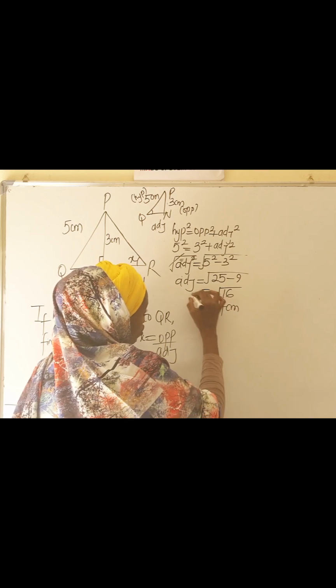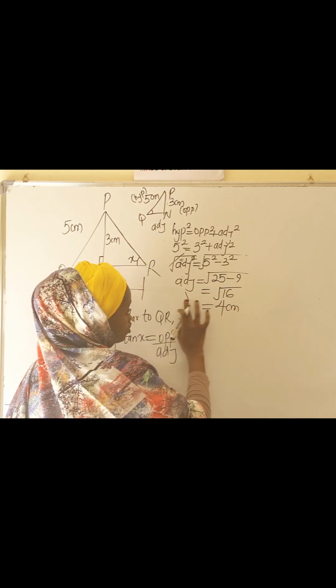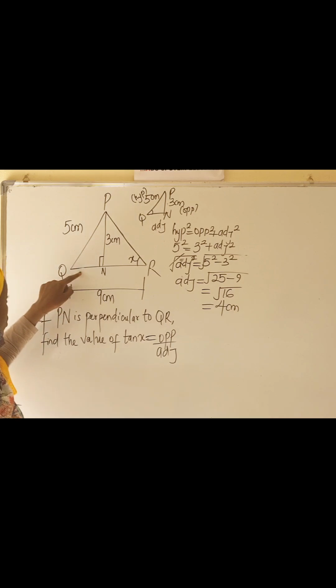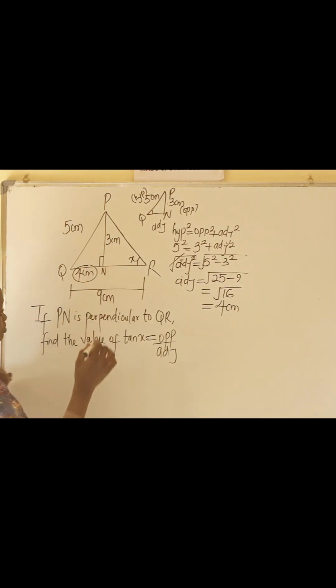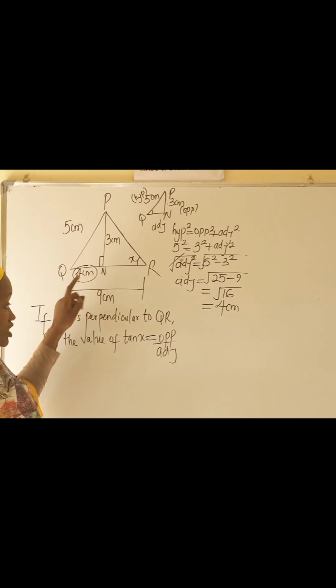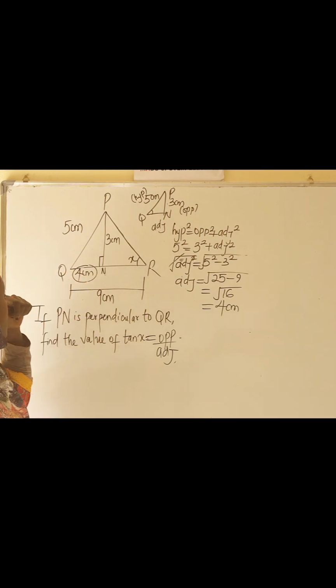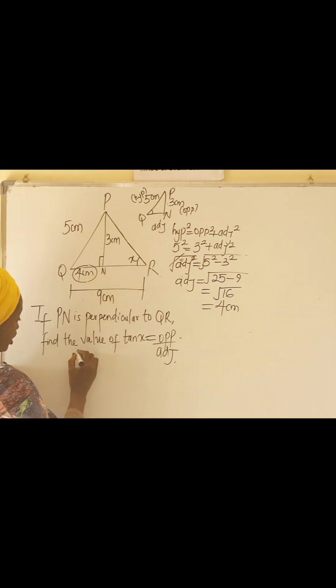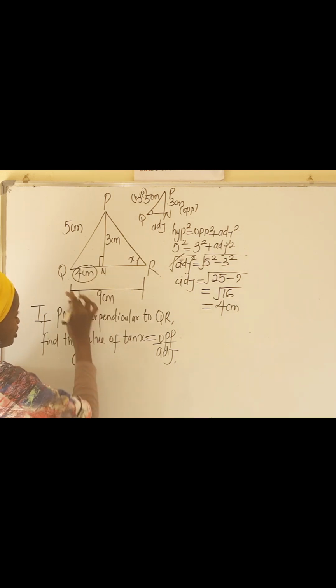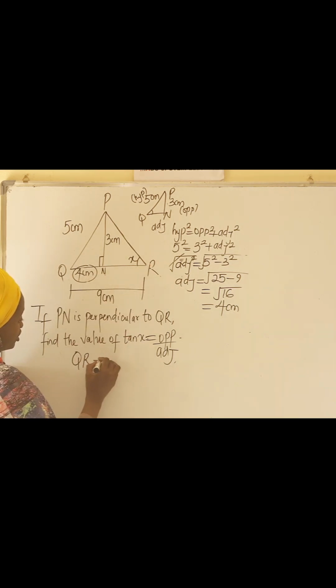So the value for the adjacent is 4 centimeters. Now let's come back to the diagram. The 4 centimeters is the value for the adjacent, the value for QN. Now to get NR, we look at QR, the whole line.